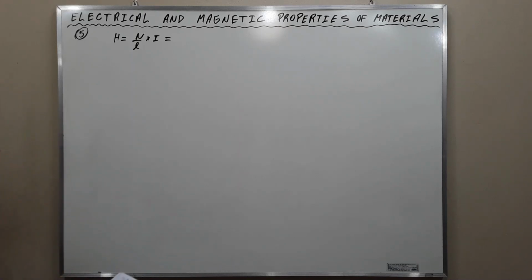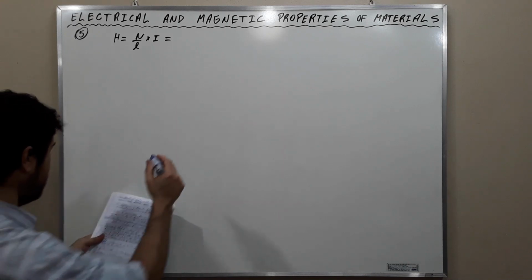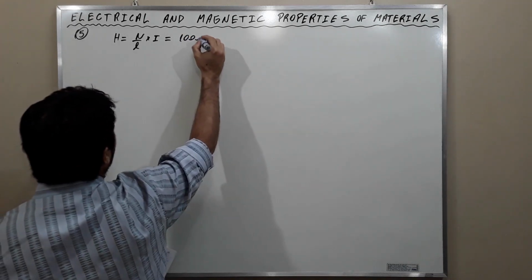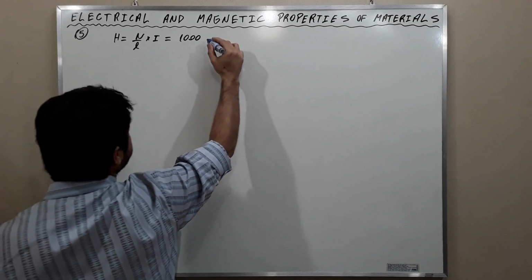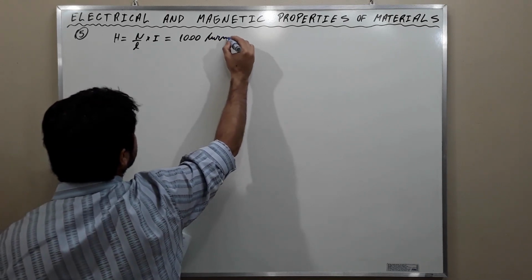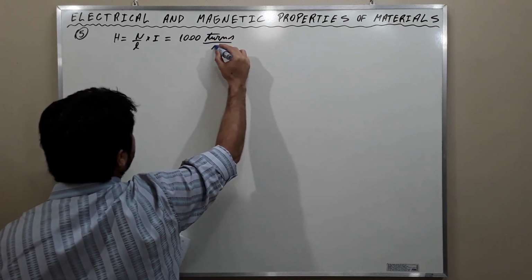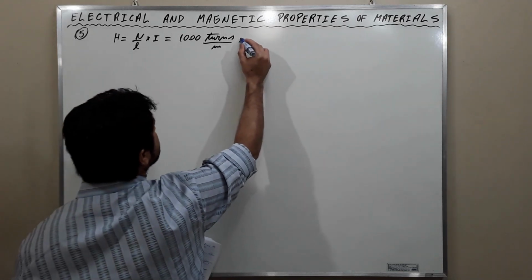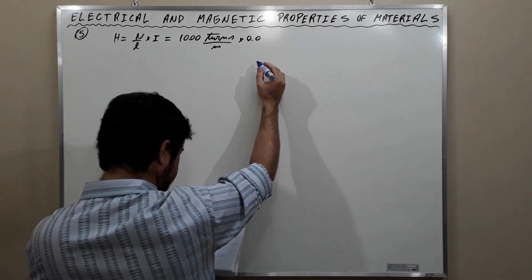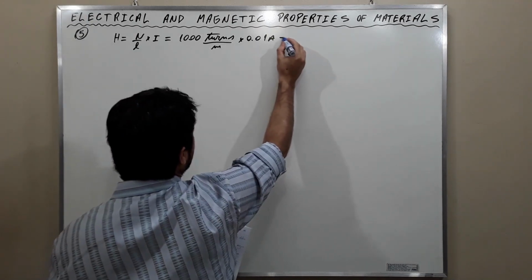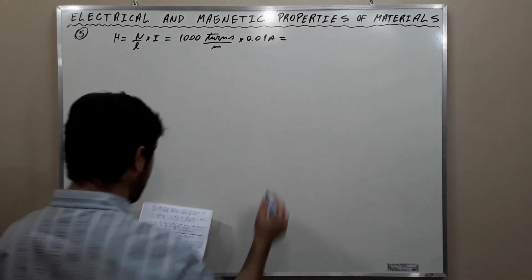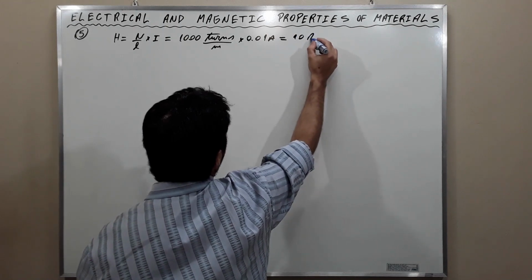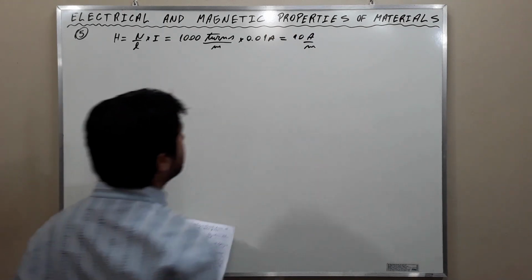Therefore, the magnetic field intensity is going to be 1000 turns per meter times the current, and this gives a value of 10 amperes per meter.